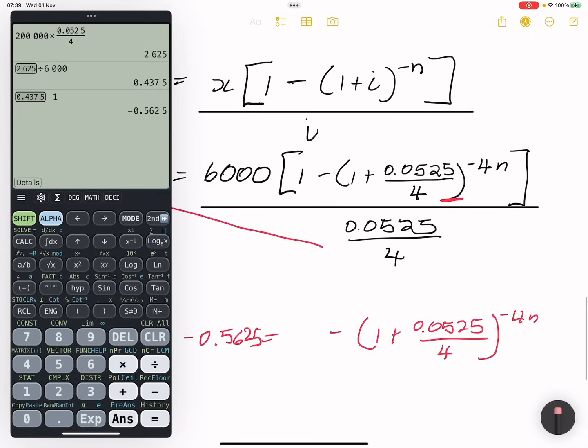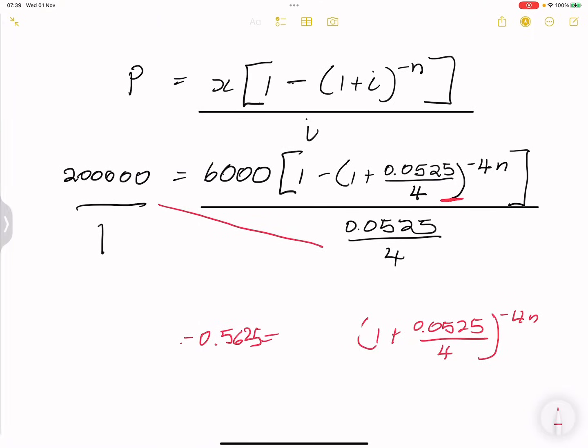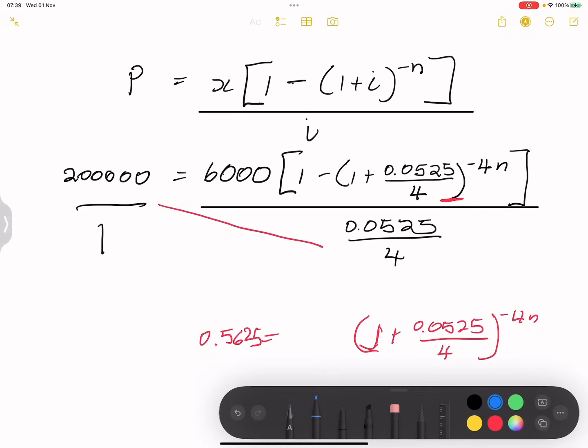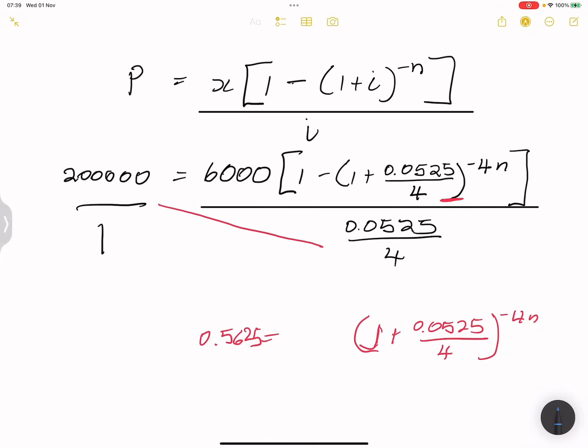If I multiply both sides by negative 1, that will get rid of that negative. Now, ladies and gents, all that is left for us to do is to use logarithms. So I'm going to introduce logs on both sides. Why am I introducing log?